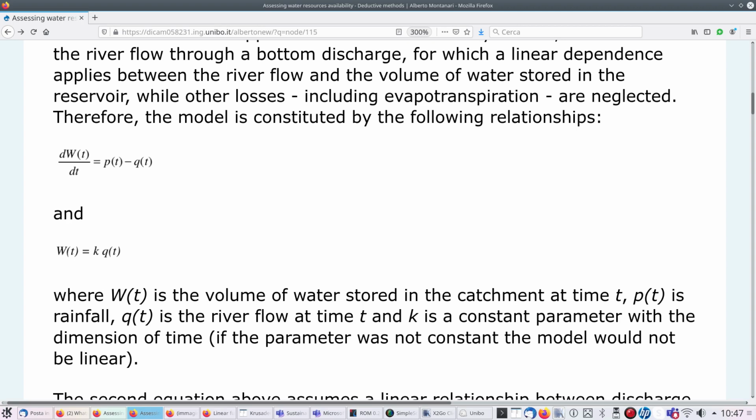And then by integration, we add to the starting value the increments. If we just sum the increments, we don't get to the value of the variable.